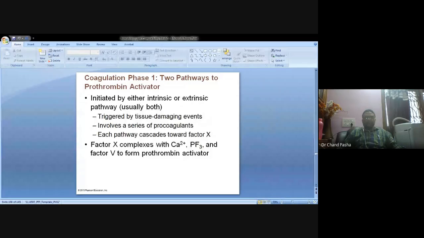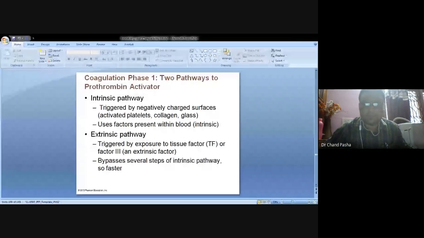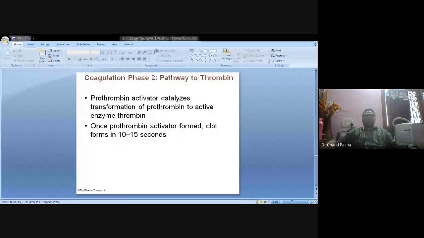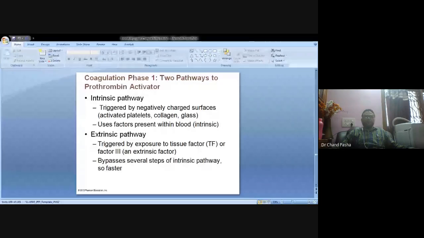And there is a factor 5. Here the cascade is there. I will explain. I'll go to the cascade a bit later, but before that, we'll explain the intrinsic factors and extrinsic factors.